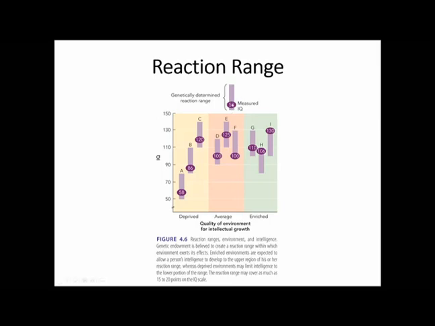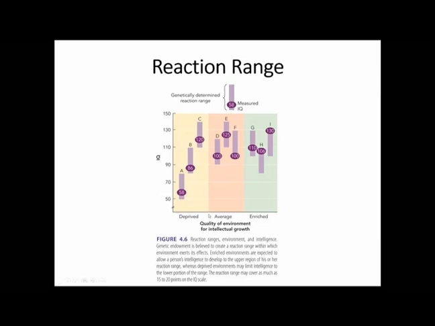That's going to be the space that your genes say that you are capable of falling. So in terms of IQ, this is saying that you would be somewhere between this lower bound and this upper bound based on the genes that you have. Then your environment determines where this actual number, your measured IQ score, is going to fall within that range.